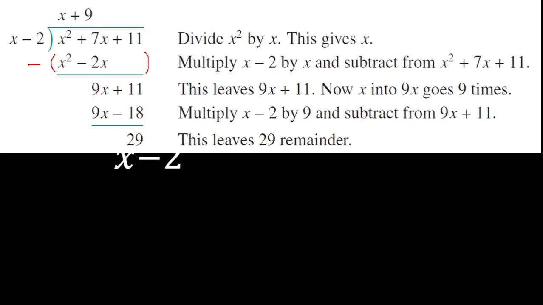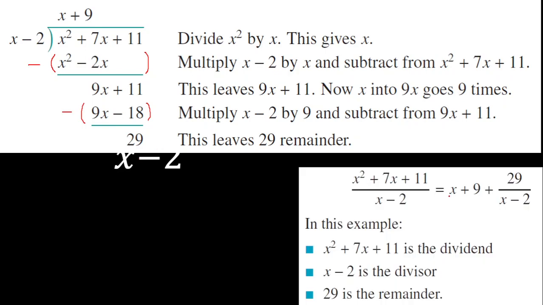So as we have 9x plus 11, now with that 9x, we divide by x. That gives us plus 9. And then we do a multiplication of 9 by x minus 2, which is what we do here. We write the answer below, and then we subtract all of that, and that gives us a 29, which is our remainder.